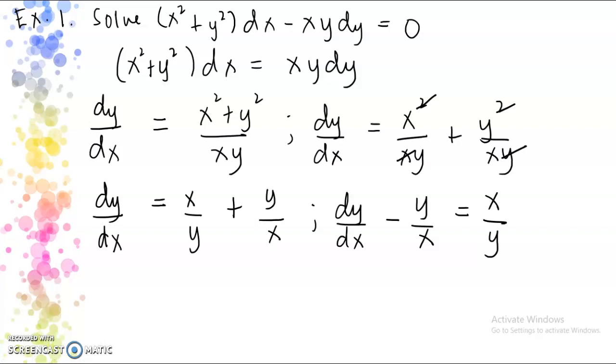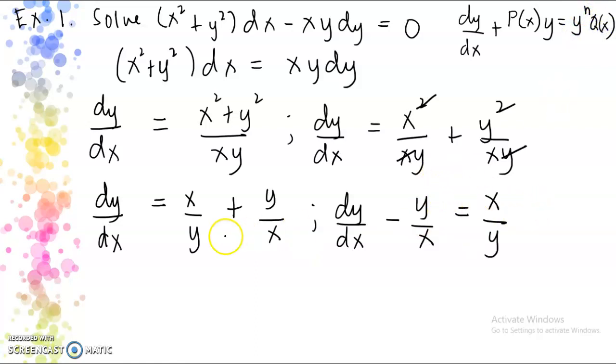Now, here is our linear form. Multiplying both sides by y, because we need to bring it back to the equation dy over dx plus p of x y equal to y to the n q of x.